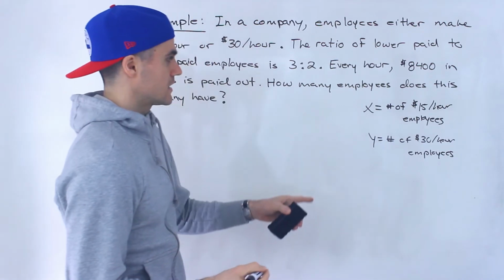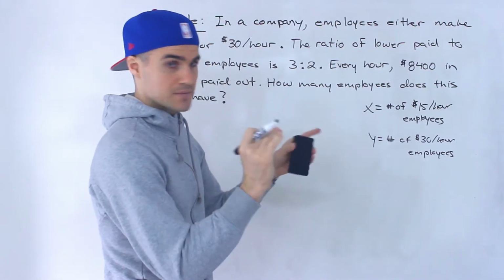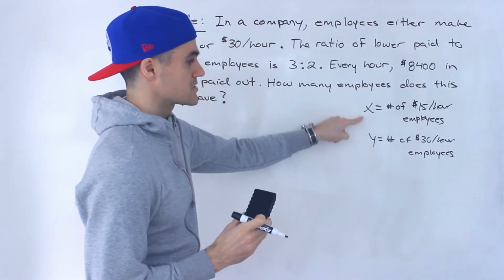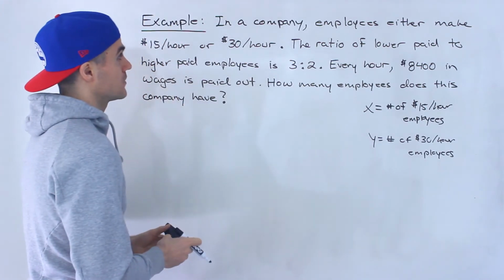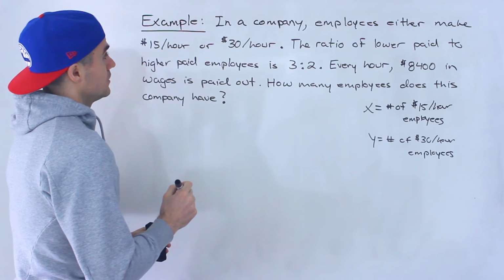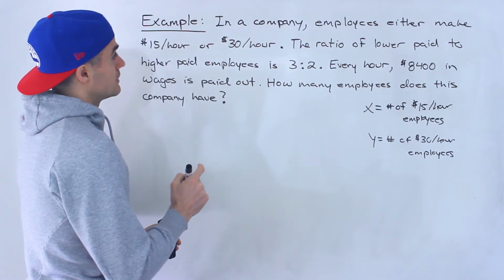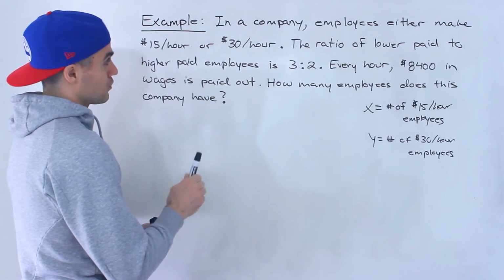What the question is asking us, because these are the only two types of employees there are, is just x plus y. That's what the final answer is going to be, but we've got to find out what x and y are.